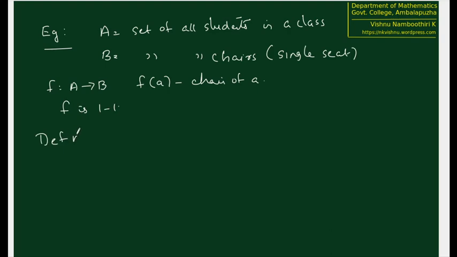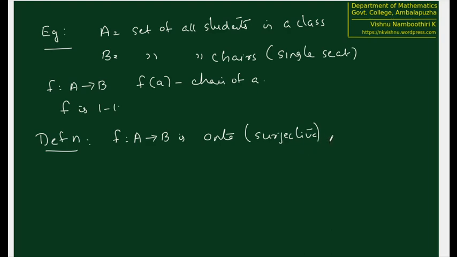Now we have the other definition. f from A to B is said to be onto or surjective. For a one-one function, we say that it is actually an injective function.